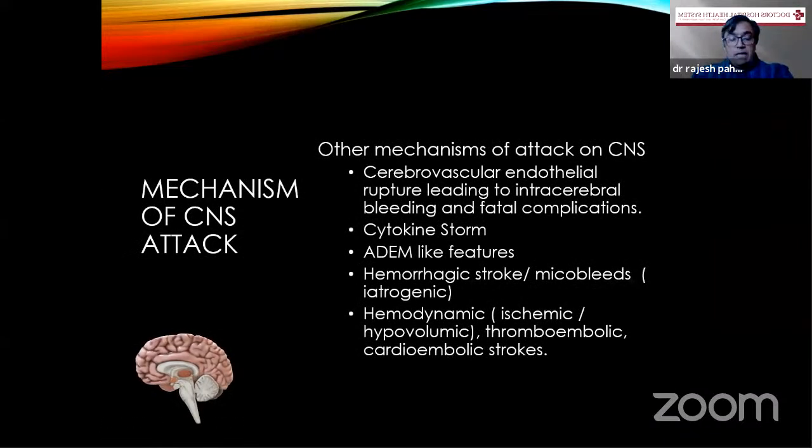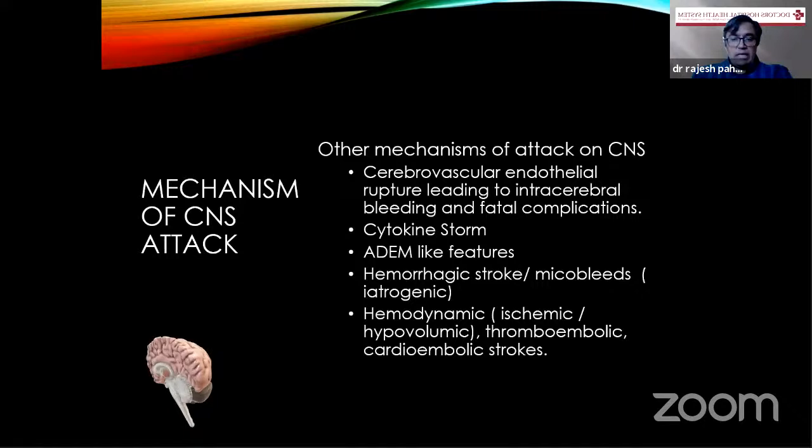There are also other mechanisms of attack on the CNS, which include cerebrovascular endothelial rupture caused by the virus infecting the endothelial cells, which leads to intracerebral bleeding and further fatal complications. The hyperimmune response causing cytokine storm and para-infectious immune-mediated changes as seen in ADEM in other viral illnesses.